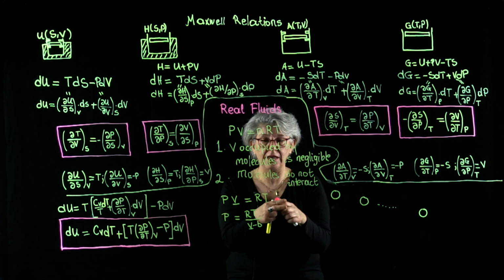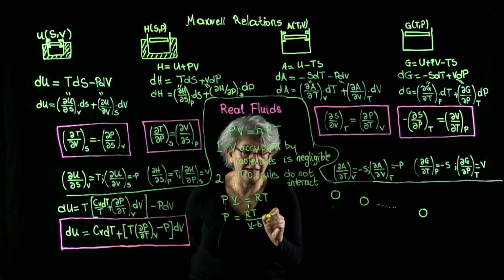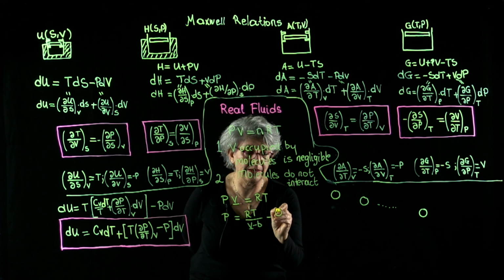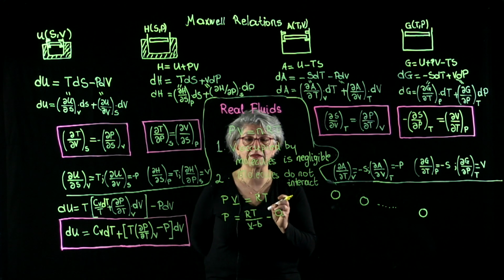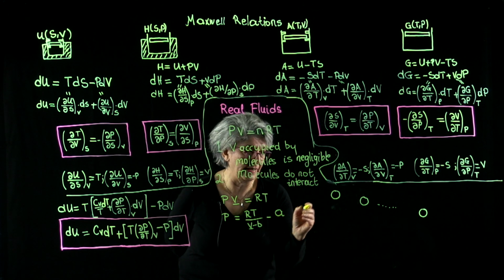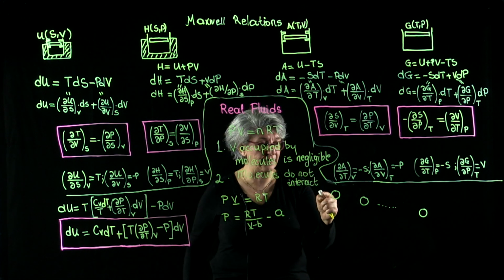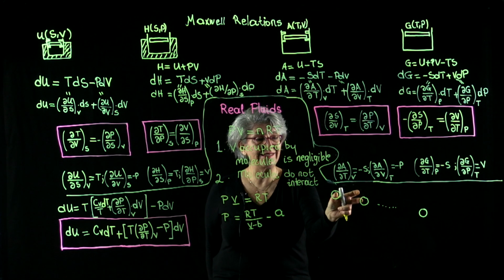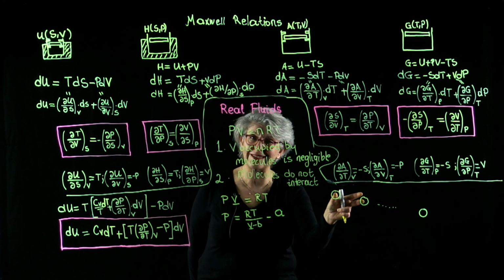All right? In other words, I'm going to have a lower pressure dictated by an intermolecular attractive force constant A, and this attraction requires at least two molecules, and the probability that these molecules will come together is going to be proportional to their concentration.